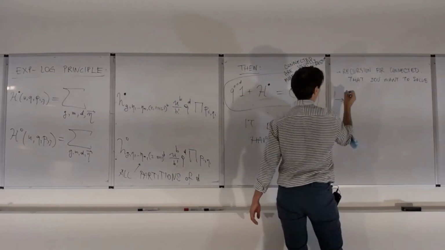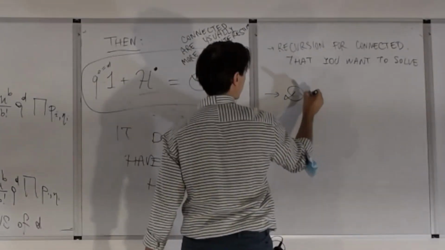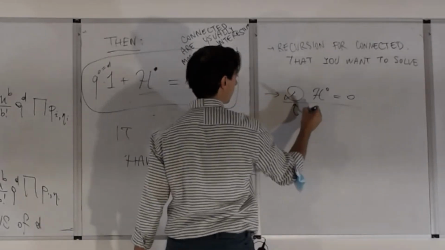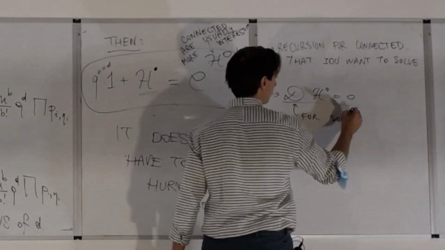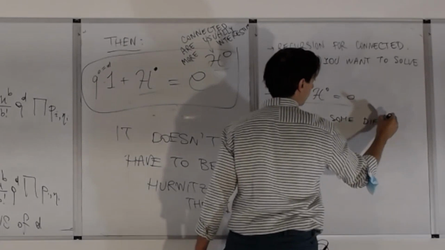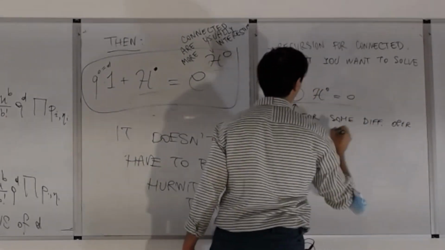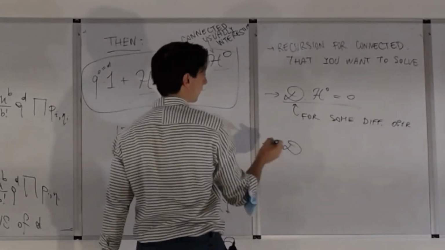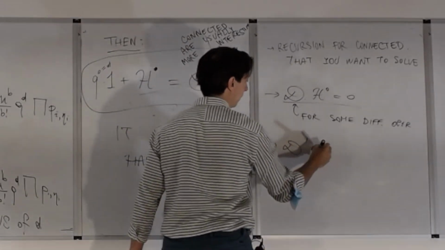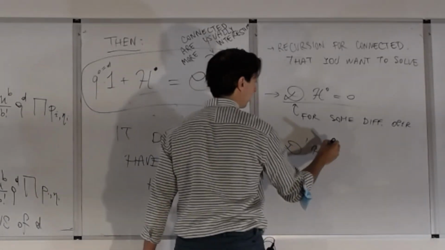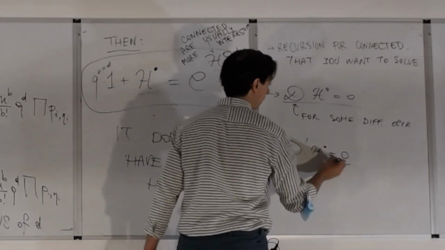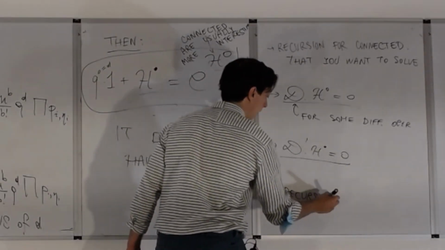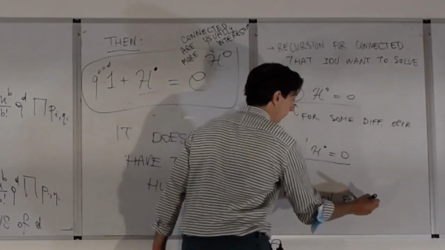Then you can transfer this as a differential operator D acting on h0 equal to 0, for some differential operator. But now you can use this relation and get some D prime such that this is true. And then you get a recursion for the possibly disconnected ones.